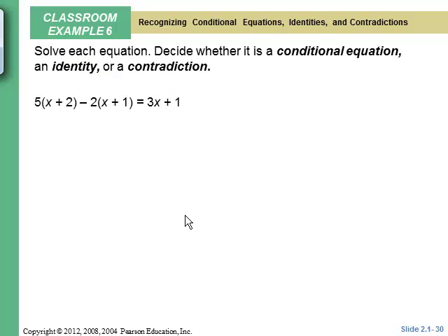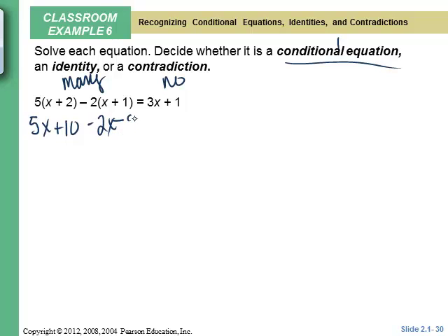Let's look at this one here and see if we get one answer, many answers, or no answers. This is 5x plus 10 minus (2x plus 2) equals 3x plus 1. 5 minus 2 is 3x. 10 minus 2 is 8. 3x plus 8 equals 3x plus 1.